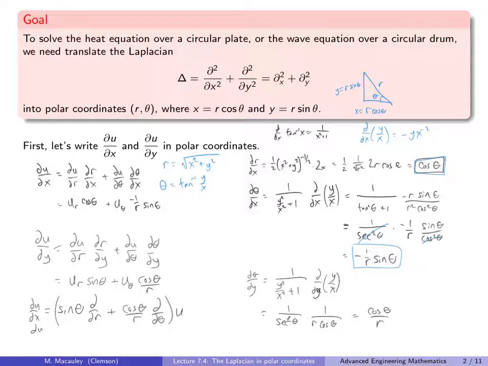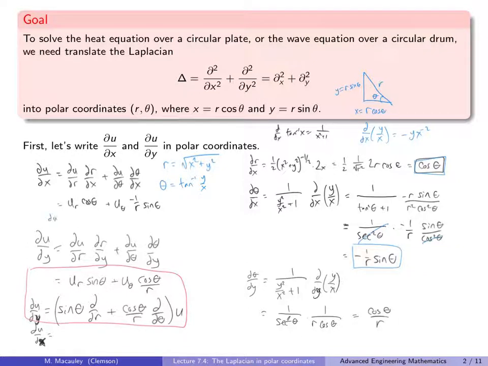Similarly, du dx, oh, I'm sorry, I wrote the wrong one. That's du dy. Because I was just looking at this right here. So that's du dy, and du dx is, let me box this. And the du dx is going to be up here. How about if I just write that up here? I think I have more space.